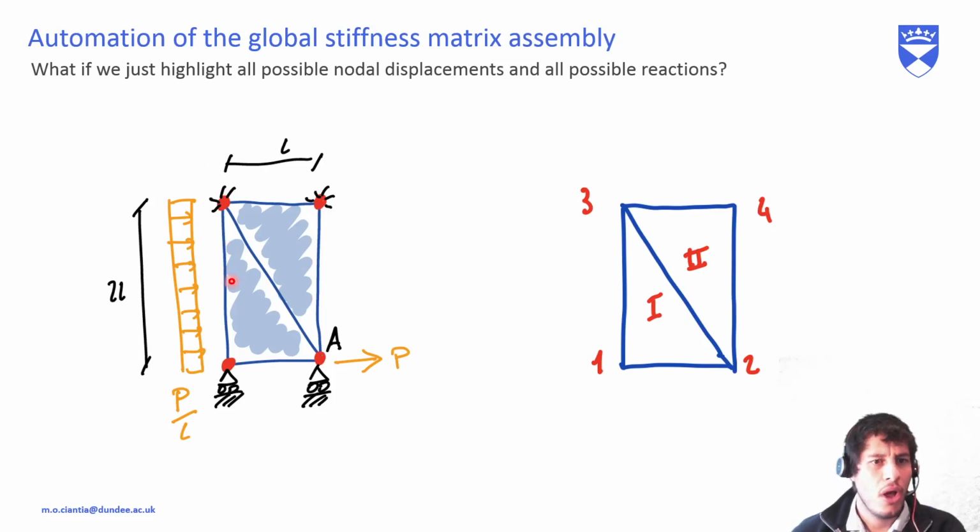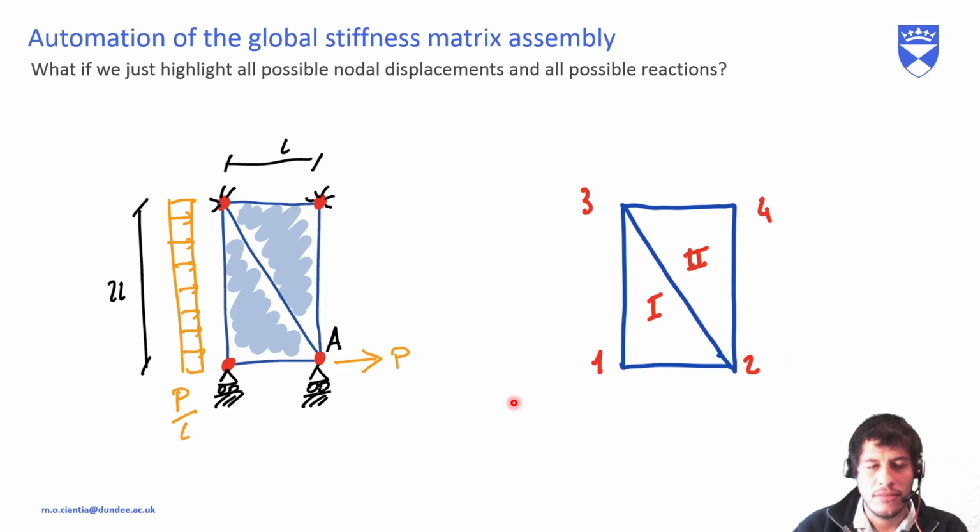So first of all, what we need to do is identify and number our elements and then number our nodes. Now, once you do that, you get your connectivity and coordinates of the nodes. And when we want to solve the problem automatically, the computer will not know whether there is a constraint or not in a node.